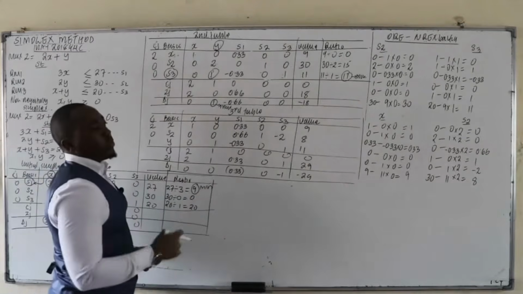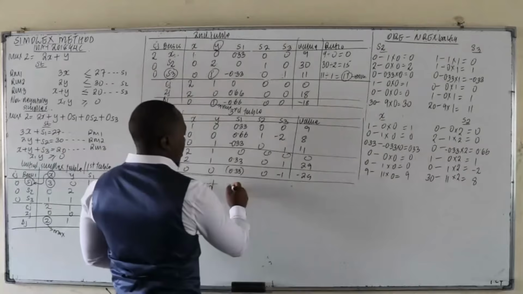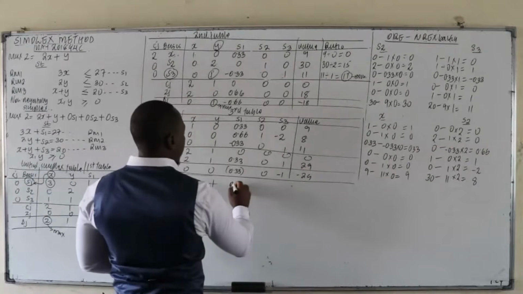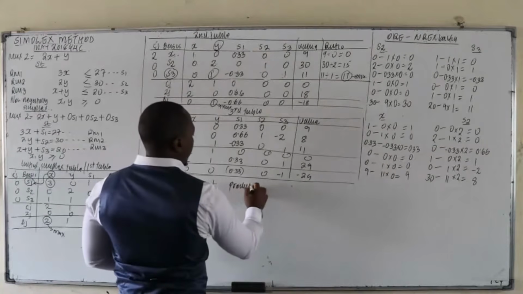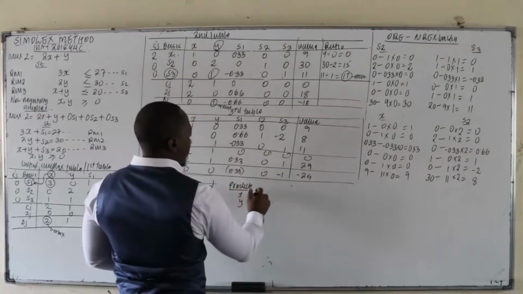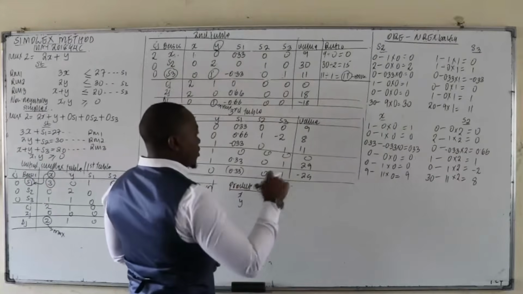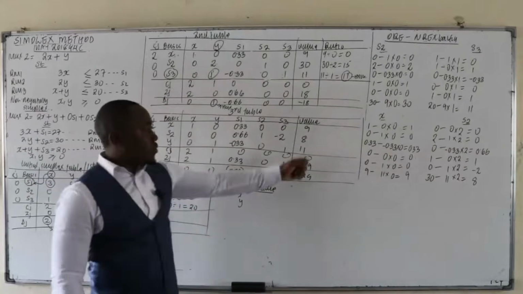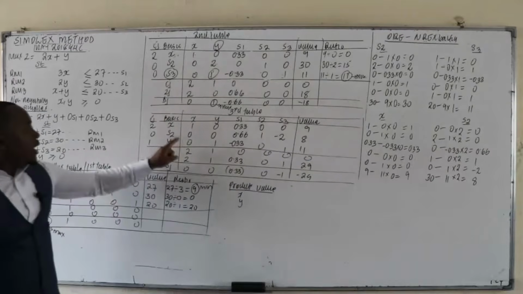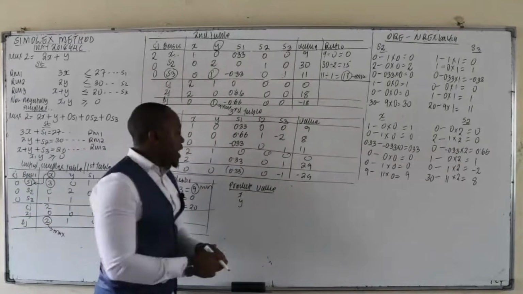So how many units will we produce? We have the products X, Y, then we have the value. We see that the value represents the number of units produced, so you get the value from the optimal table. X will produce 9 units.